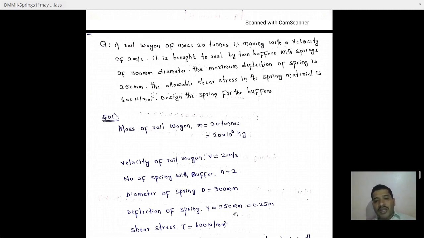The allowable shear stress in the spring material is given as 600 Newton per millimeter square, represented by tau equal to 600 Newton per millimeter square. So design the spring for the buffer.